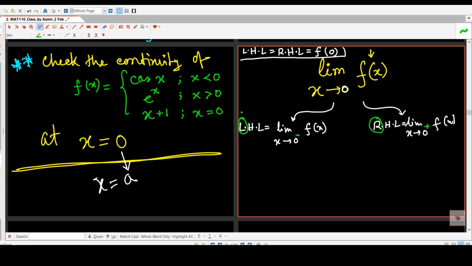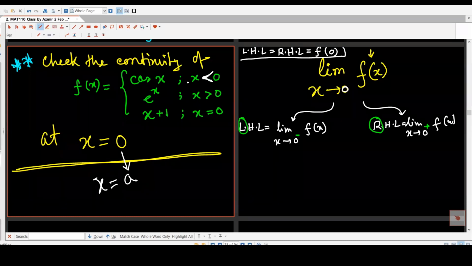Leftward means less than. So x less than 0, that means this function cos x will be leftward. X greater than 0, that means this function will be rightward. These two pieces of information are enough. This is the leftward and this is the rightward.